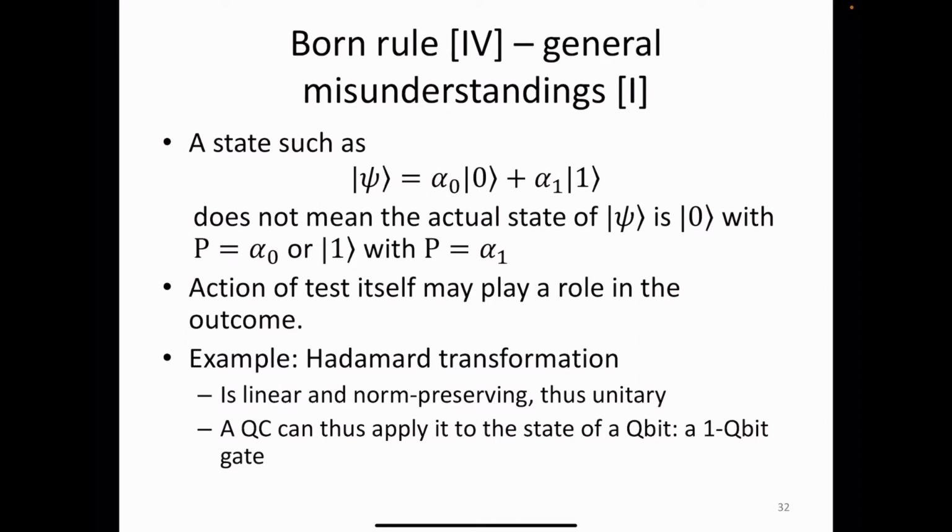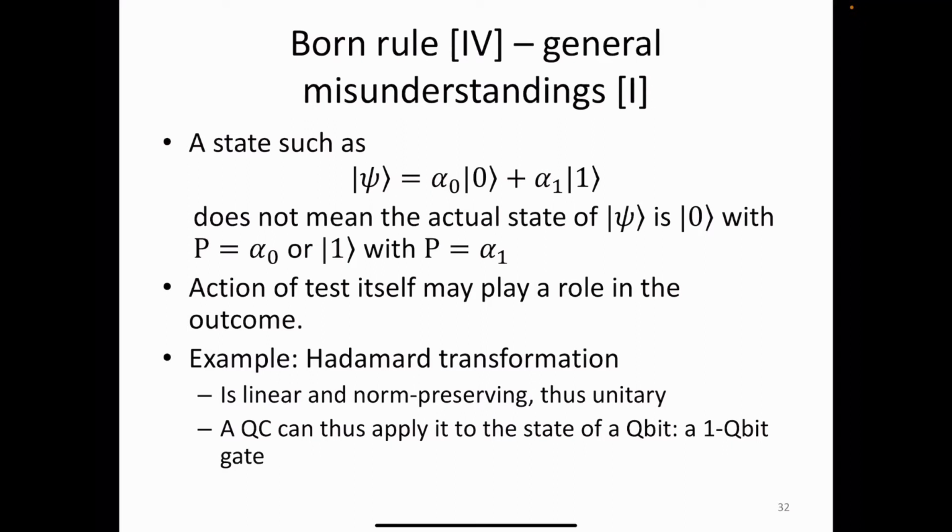So such an assertion, that we have these probabilities associated with each of the possible outcomes, goes beyond the rule, which only asserts that if one subjects a qubit in the state psi to a test, this measurement that we talked about, then the outcome of the test will be 0 or 1 with those probabilities. The post-measurement state of the qubit can be taken to be 0 or 1.